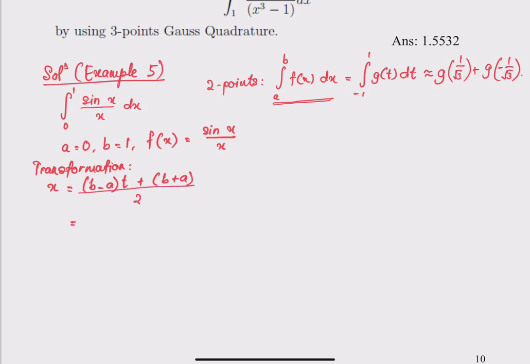Then you just substitute: 1 minus 0 is 1, times t, plus 1, divided by 2. Here is our x. That implies our dx/dt is equal to 1/2, and this also implies our dx is equal to 1/2 dt.